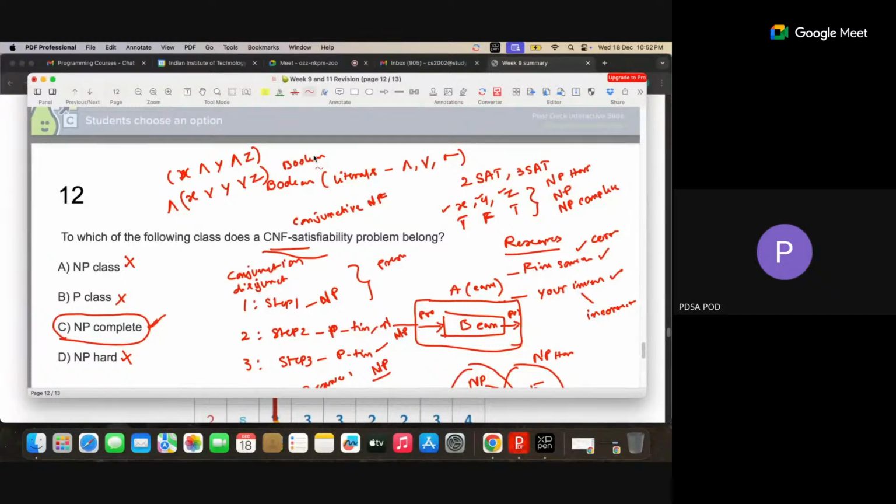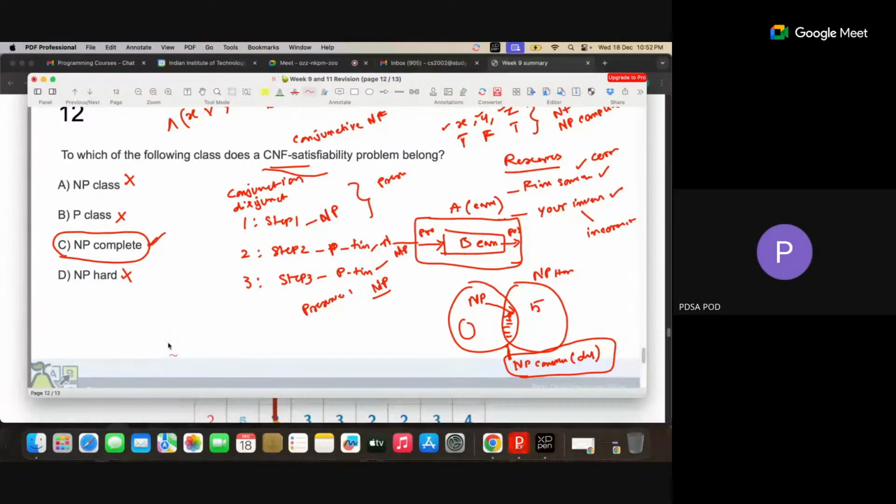X and Y and Z, you said, is right. What is my class? You are trying X or Y or Z. Then you can take X value true, Y value false, Z value false, no problem.